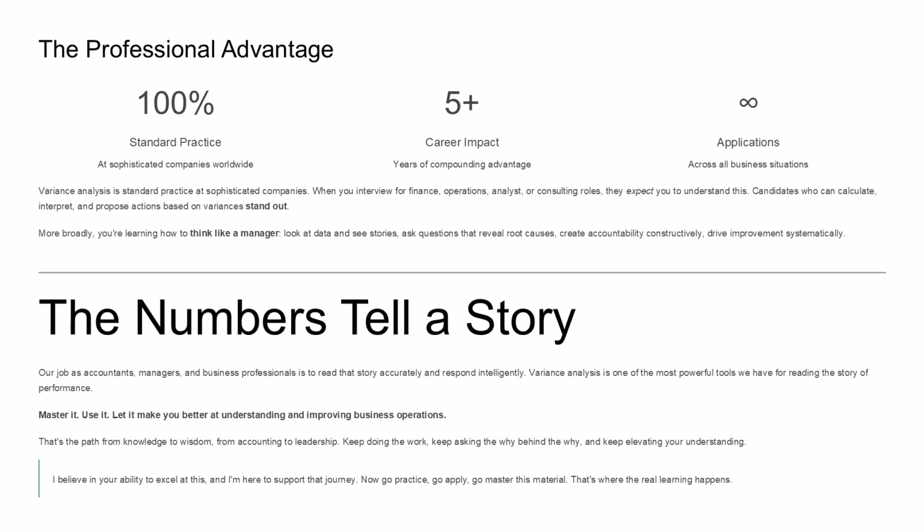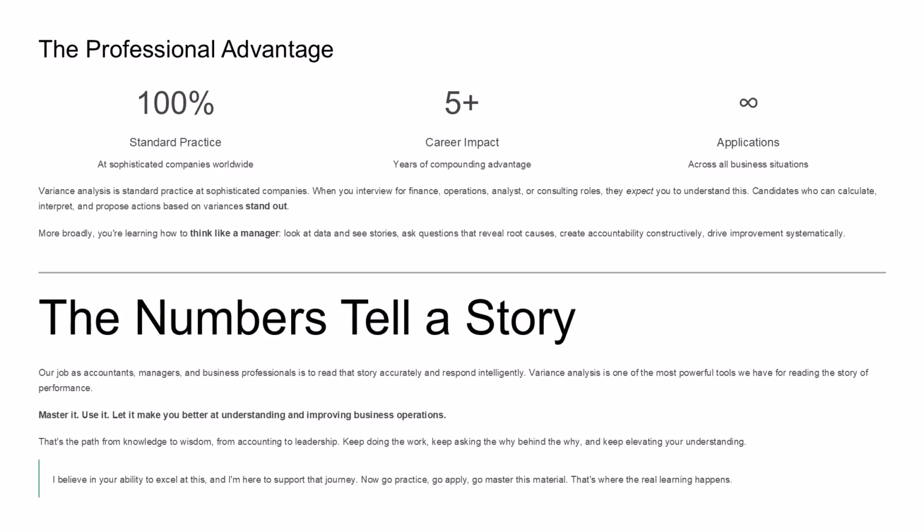Planning budgets versus flexible budgets, the importance of adjusting for actual activity levels, revenue and spending variances, isolating different dimensions of performance, multiple cost drivers, adding sophistication when needed, standard costs, setting benchmarks for materials, labor and overhead, price and quantity variances for materials, rate and efficiency variances for labor, rate and efficiency variances for overhead, responsibility assignment, linking variances to managers without creating dysfunction, integrated analysis, seeing patterns across multiple variances, and finally, how variance analysis fits into broader management systems.